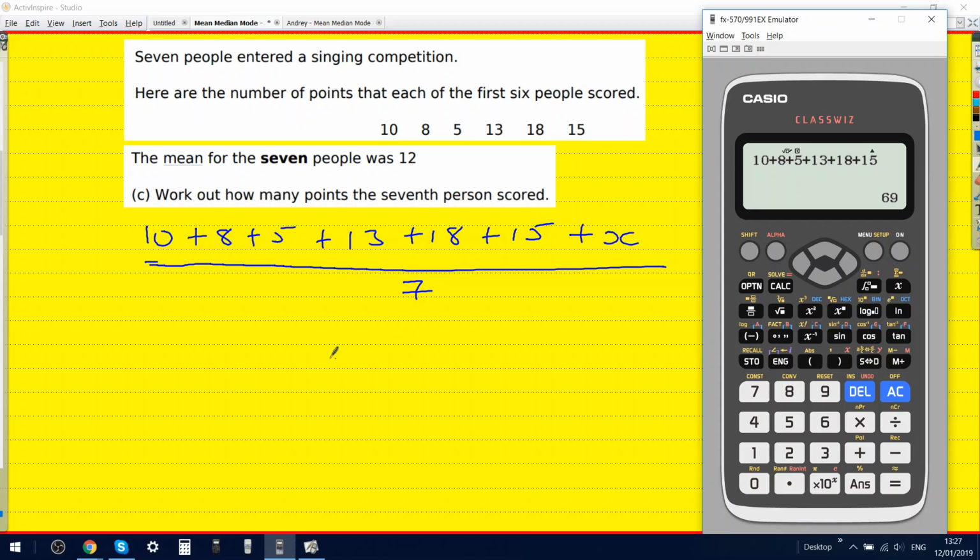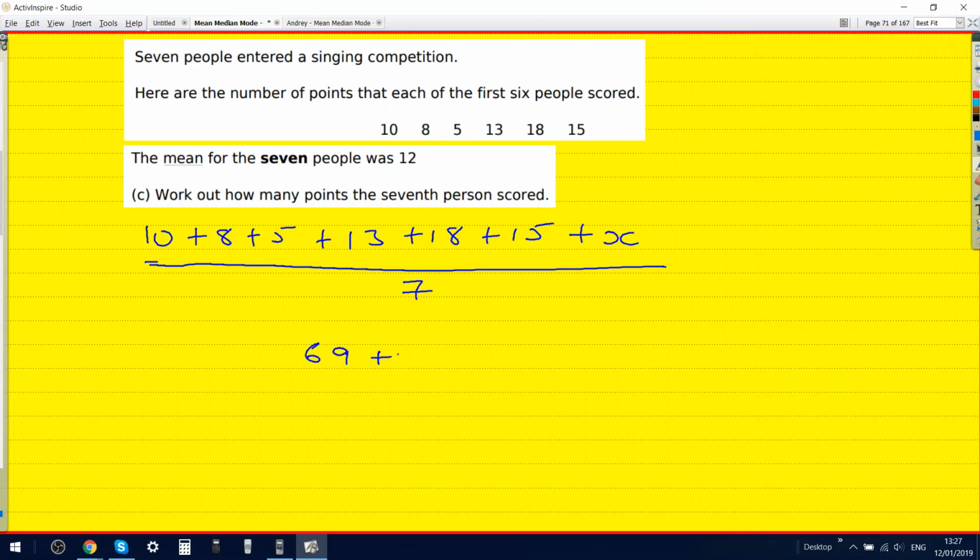So that's 69. So 69 plus x over 7. What is the mean? The mean is 12. And so this must be equal to 12? Because this is how you find the mean. Yeah.